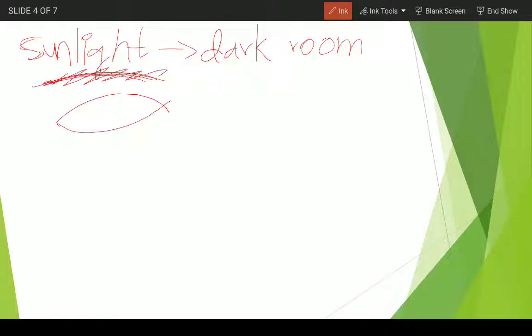The size of the pupil increases, that is, it enlarges. I'll draw it in black color so that you can understand well.